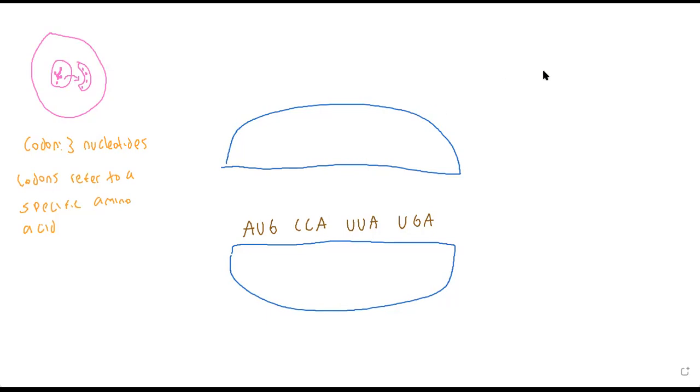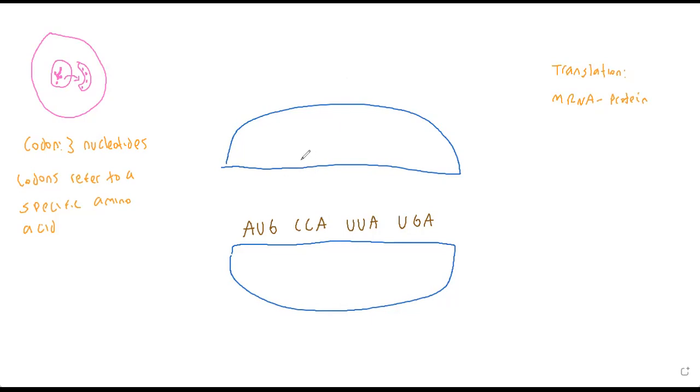Okay, so this process is now going to be called translation. And translation is where the mRNA code is turned into a protein. So what's going to happen here is that in the rough ER, there are amino acids everywhere.